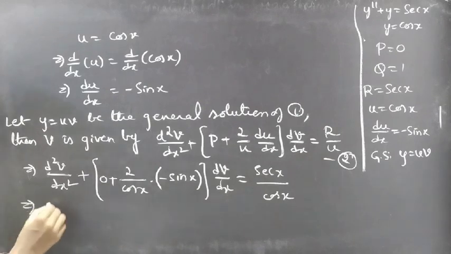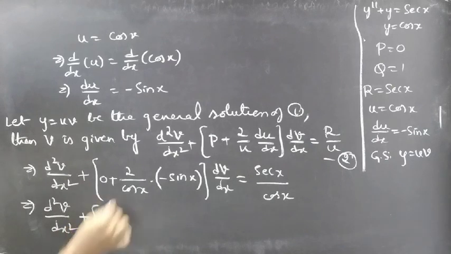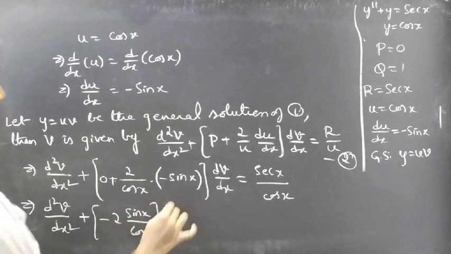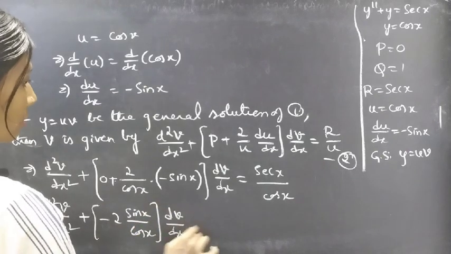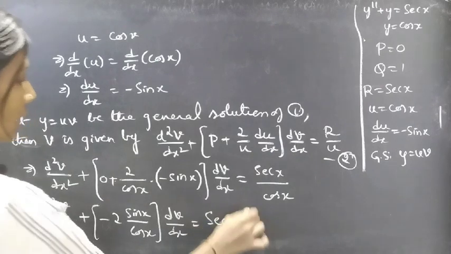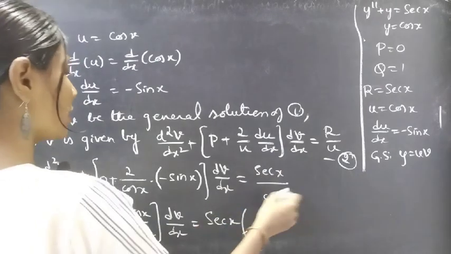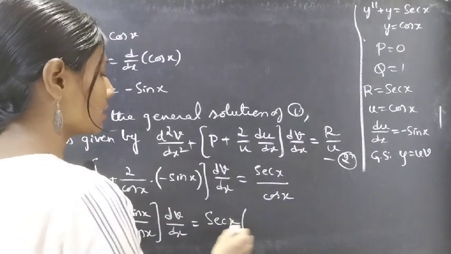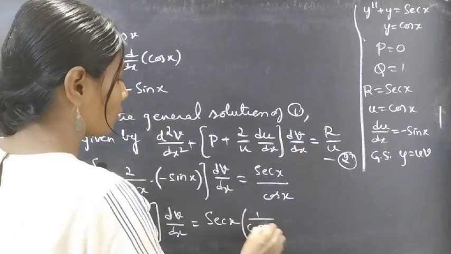Then this becomes d square v by dx square plus minus 2 into sin x by cos x into dv by dx equal to secant x into 1 by cos x.